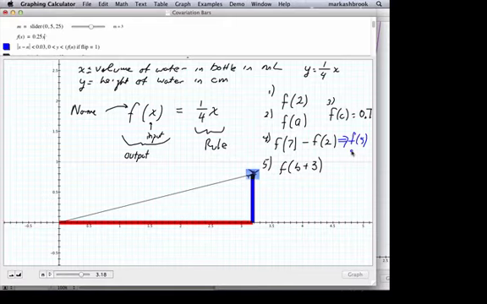Okay, so she's saying original b volume, and you added 3 milliliters, and you get the height of the water in centimeters. It's the height of the water in centimeters when how much water is in there? b plus 3 milliliters. Any questions?